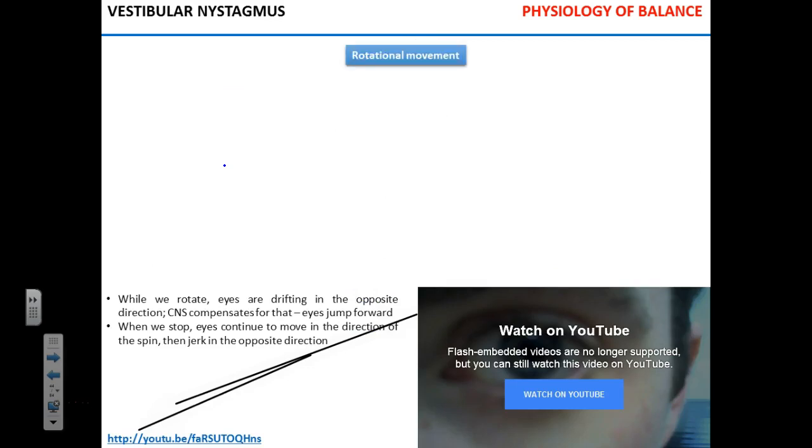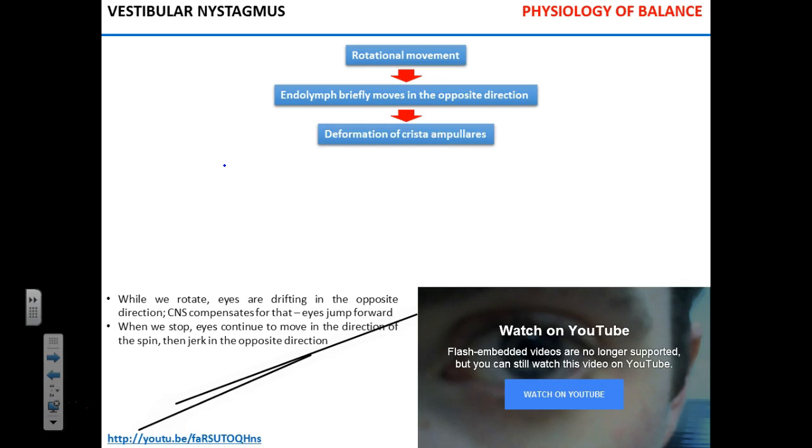So, this is what happens when you have these rotational movements. Endolymph, when you start to rotate, think about this. I start to rotate clockwise. Endolymph rotates counterclockwise. Crista ampullares, no, I don't have crista ampullares here, but crista ampullares deform.